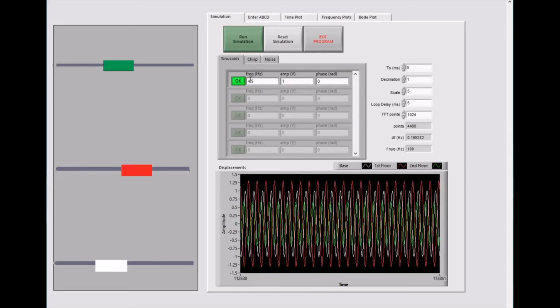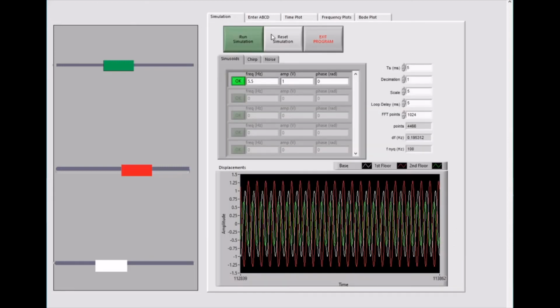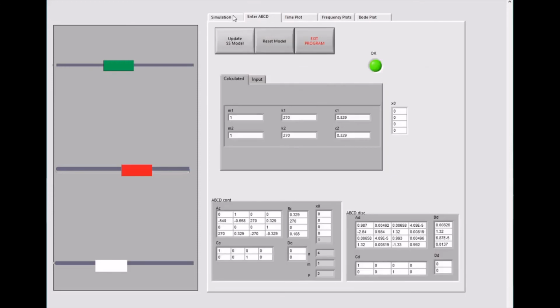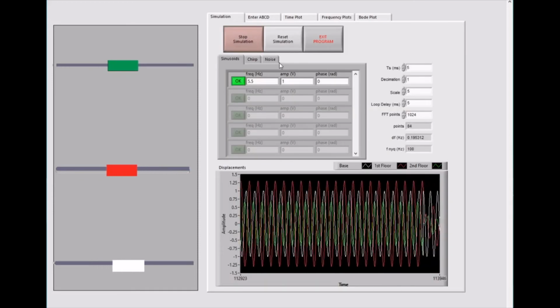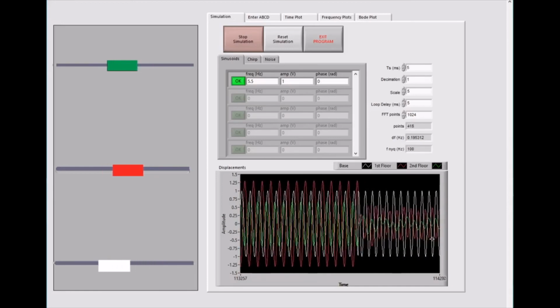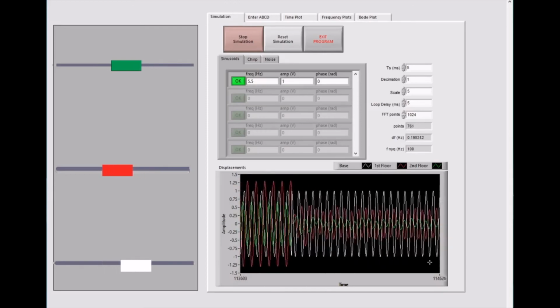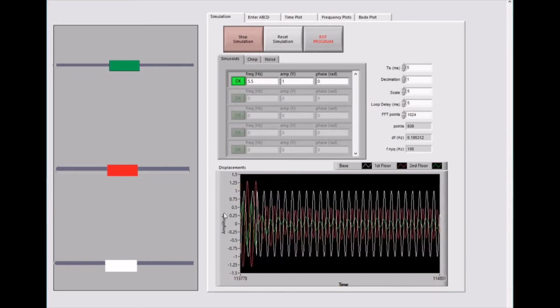So let me do one more when it's at 5. When it's at 5, this is to the right of the second natural frequency. So let's go to ABCD, update, simulation. Oh, maybe I should reset. Okay, run. Wait a little bit until the transient response dies out. Look at this.